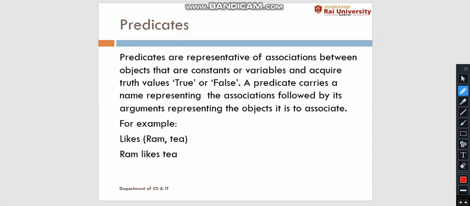Now, let's see how we can describe a predicate. Here "like" is a predicate, and here we have two constants, that is Ram and tea. So how will we describe this? This statement is a predicate. It means Ram likes tea.